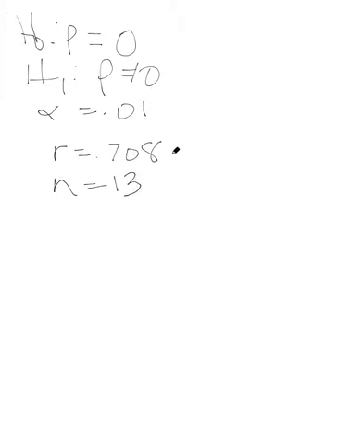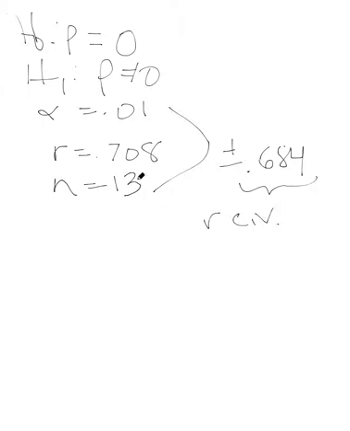With this information, with the alpha and the n, I can go to table A-6. Alpha is 0.01, n is 13, I get plus or minus 0.684. This is my critical value r. And then I compare that to my test statistic r.